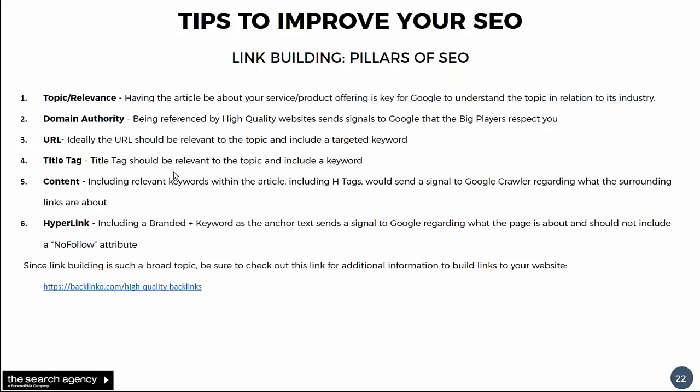What are they talking about mostly? Some websites have a mixture of information about everything. Sometimes that's not good. You want a niche. You want something that's only about charity or donation as much as possible. Content, same thing as titles: topic, relevancy, all that good stuff. Hyperlink, we just covered, so including that branded plus keyword is a great combo. It's a great balancing act to have.